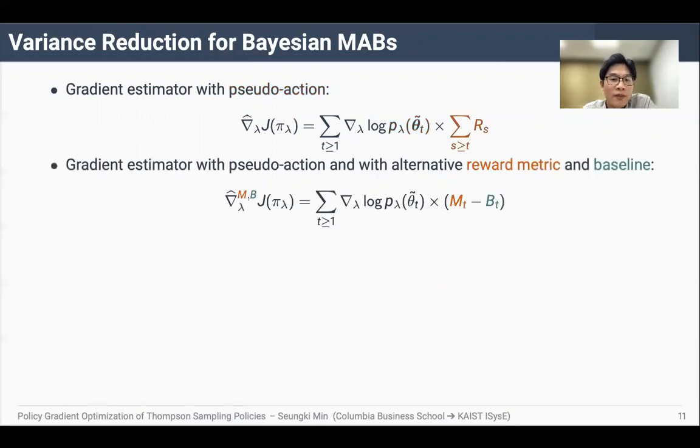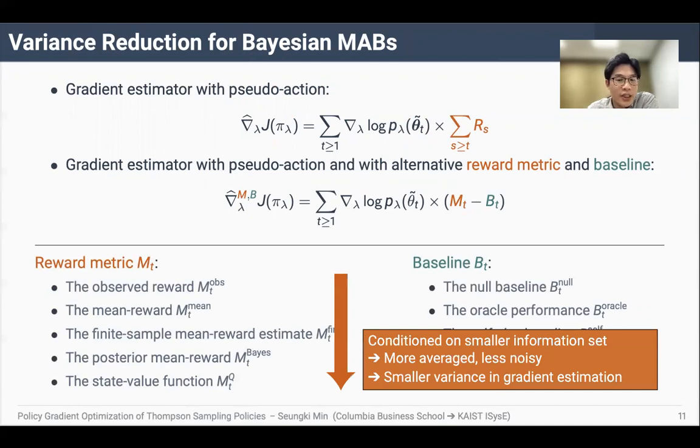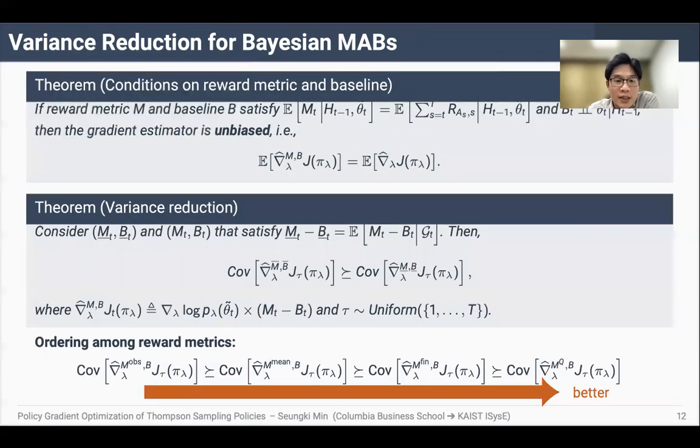And we have a couple more suggestions to reduce the variance of this gradient estimator using the notion of reward metric and baselines. I'm not going into the details, but this is a kind of realization of Rao-Blackwellization suitable for Bayesian multi-armed bandit problems. And we have some theories suggesting some ordering among our suggestions.